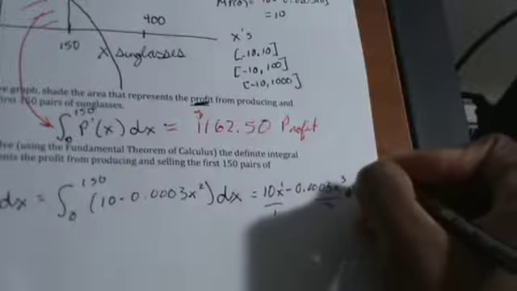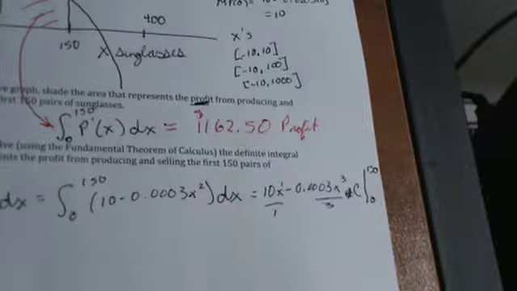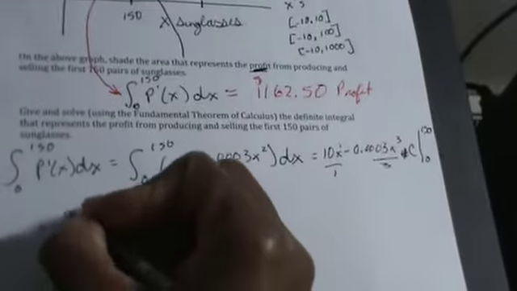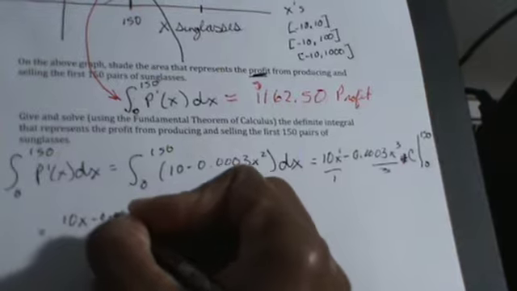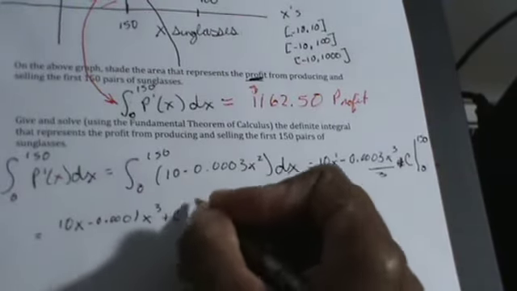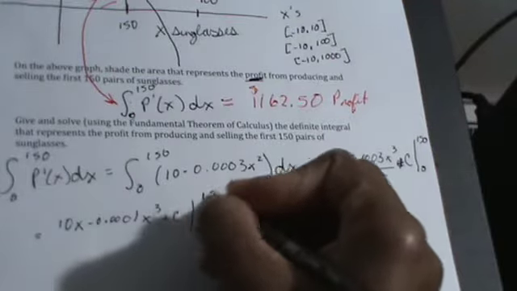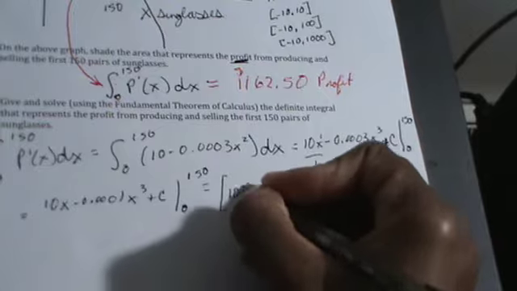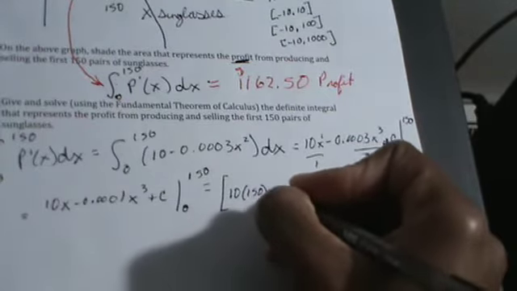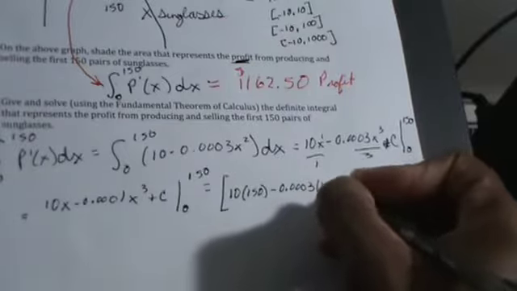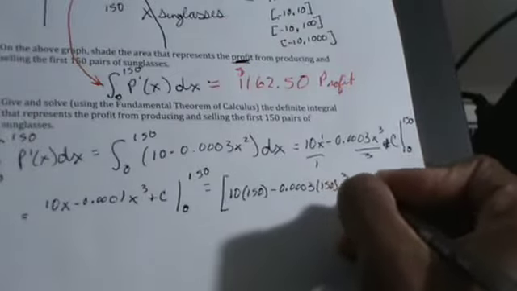Placeholder 0, 150, right? We didn't do anything with the 0, we didn't do anything with the 150. All right, I'm going to rewrite this. So this equals 10x minus 0.0001x cubed plus c, evaluated from 0 to 150. All right, so let's plug the 150 in first. So 10 times 150 minus 0.0001 times 150 cubed plus c.